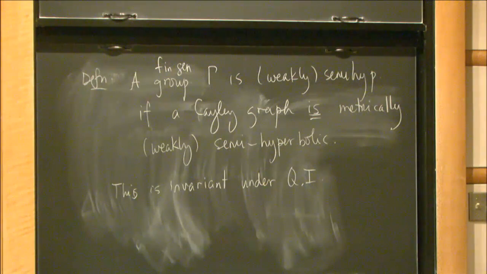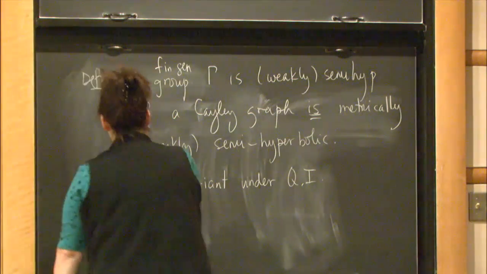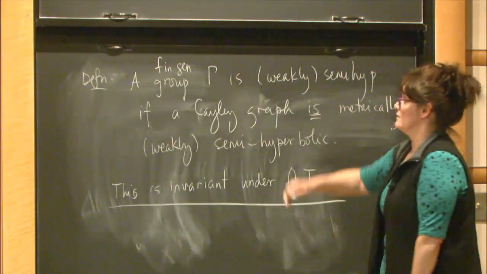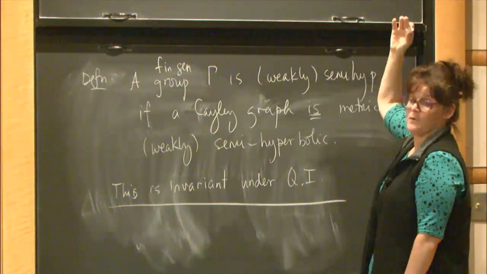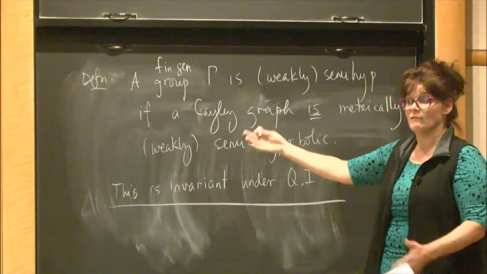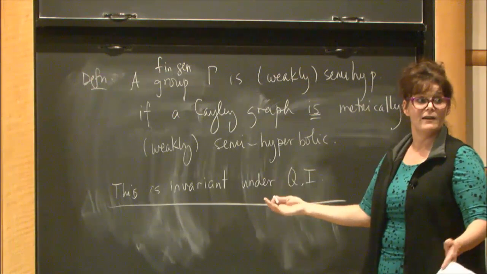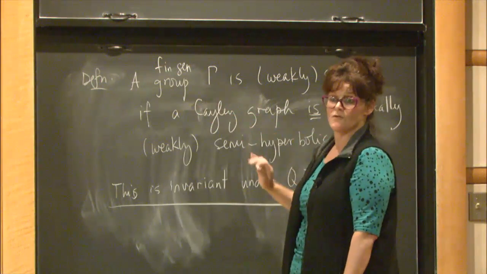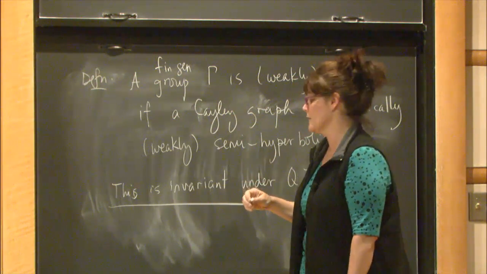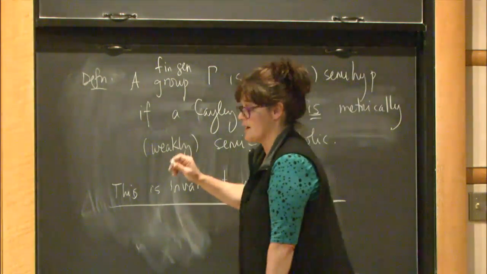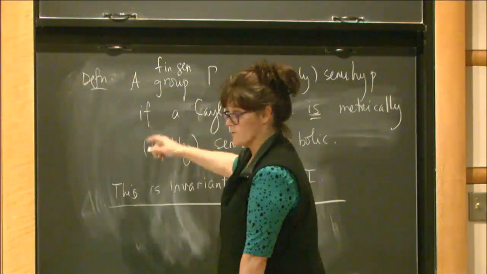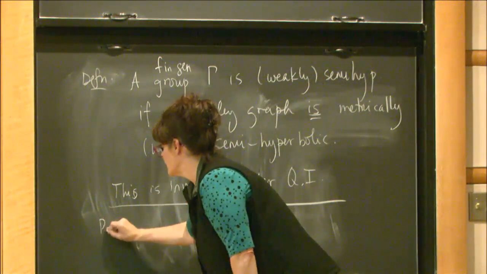So first of all, this definition can actually already get you a lot about these groups. So this is, again, it's really just an attempt at trying to take something from Euclidean space and doing the right thing, making it some large-scale property that's invariant under quasi-isometry. So we did that. And it turns out just this class of groups, which are called weakly semi-hyperbolic, you can already prove they're finitely presented. So if I'm one of these, then I'm finitely presented.